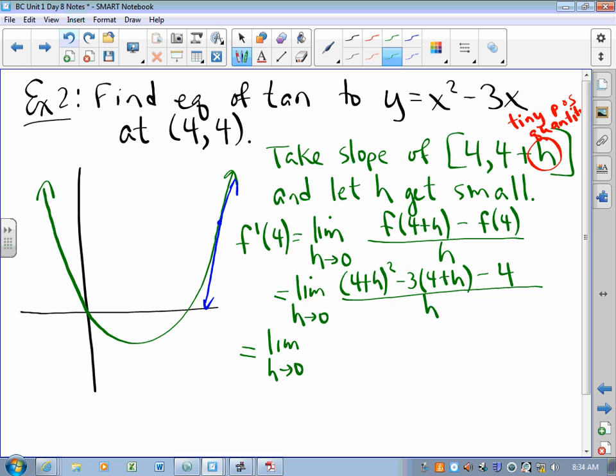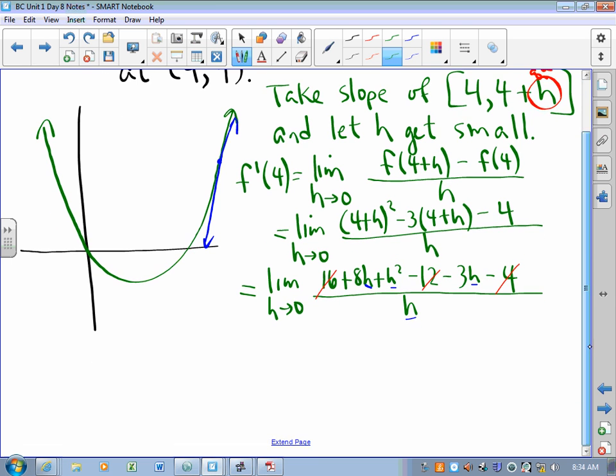So we clean up the numerator. That's 16 plus 8h plus h squared minus 12 minus 3h minus 4. And that's glorious because all them numbers drop right out, and everybody that's left has an h.